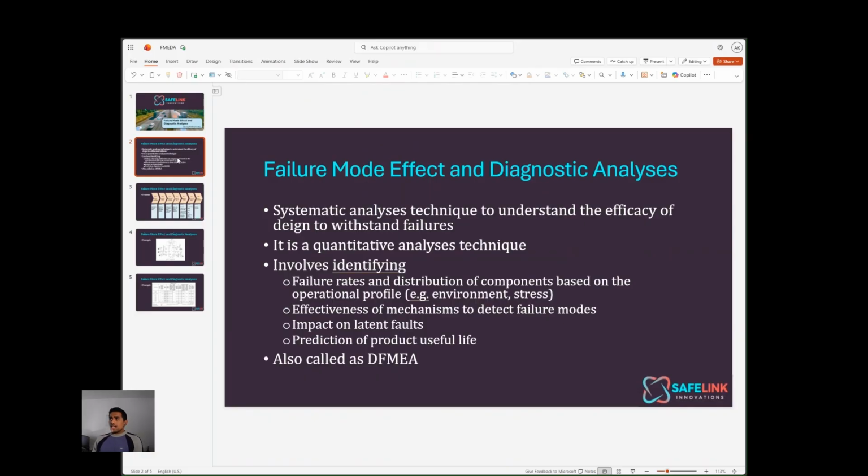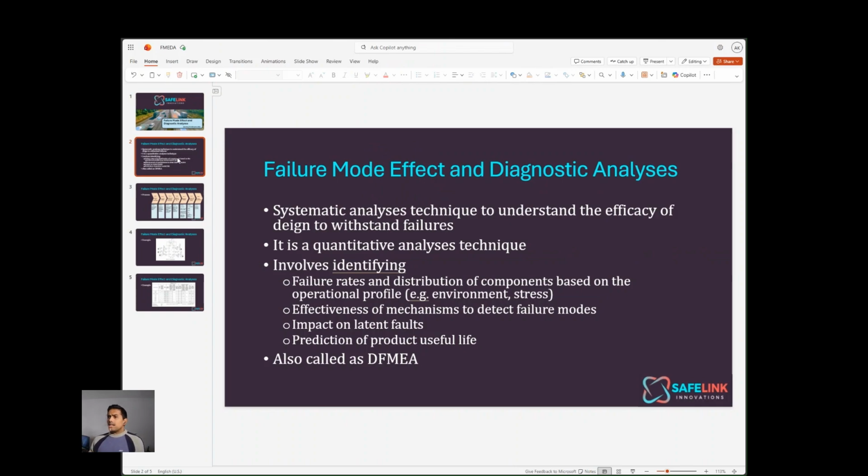It is a quantitative analysis technique as opposed to many other safety analysis techniques like the HAZOP or a qualitative FMEA. There are several names that people give to it as well. In the past it has been known as DFMEA. The most common wording used today is the FMEDA, or failure mode effect and diagnostic analysis.